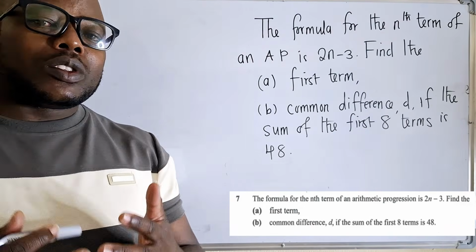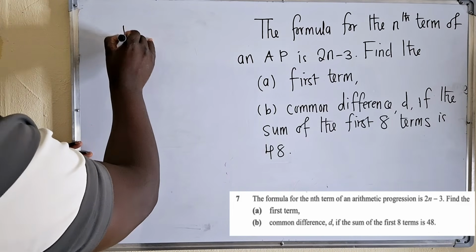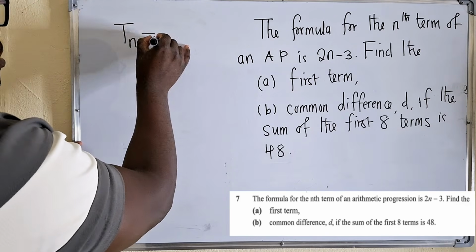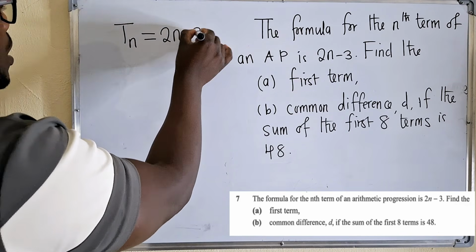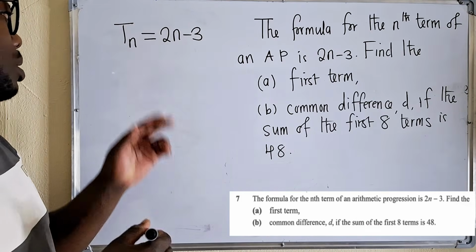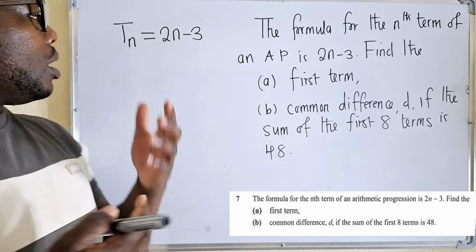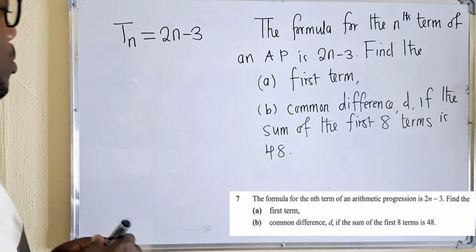So now for the first term to be found, we're simply going to say term, so that's T subscript N is equal to 2N minus 3. So just say T, that's a term, subscript N is equal to what they've given us here.